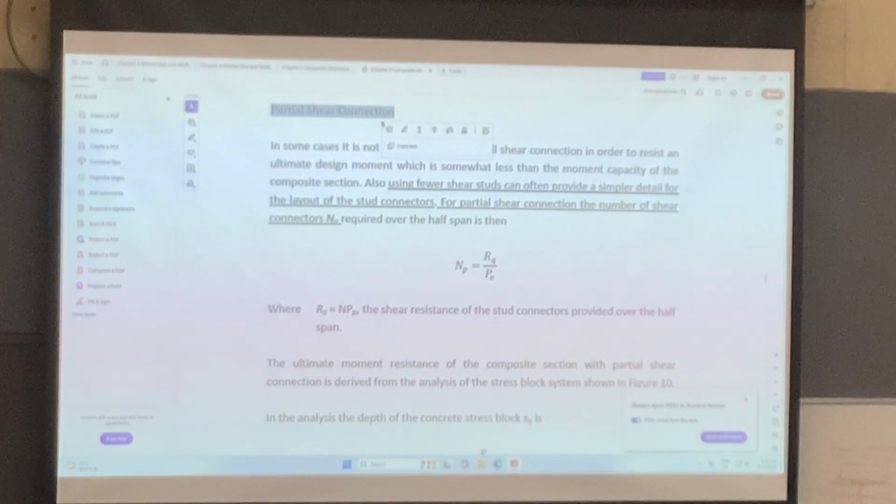Now, if you need 10, but you just provide 8, that means you can just provide some compression in the concrete, right? But not the full compression in the concrete. So the moment capacity will be reduced. So we can call that one the partial shear connection.